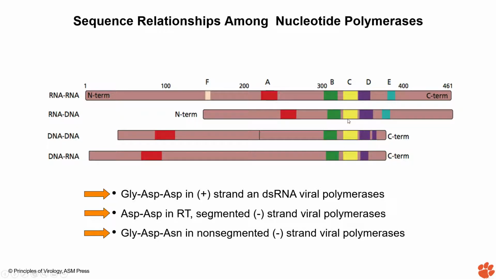Basically, you see that these amino acids are conserved in the active site. And where is the active site? We're going to see. Usually, these are the different RNA-dependent RNA polymerases. This is an RNA-dependent DNA polymerase. So remember that: RNA-dependent DNA polymerase is your reverse transcriptase. DNA-dependent DNA polymerase is the eukaryotic DNA replication machinery.